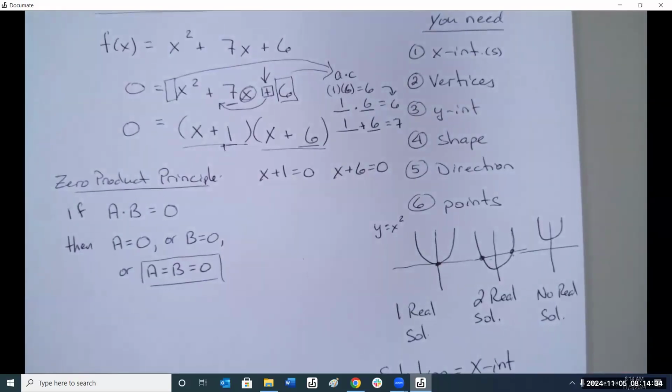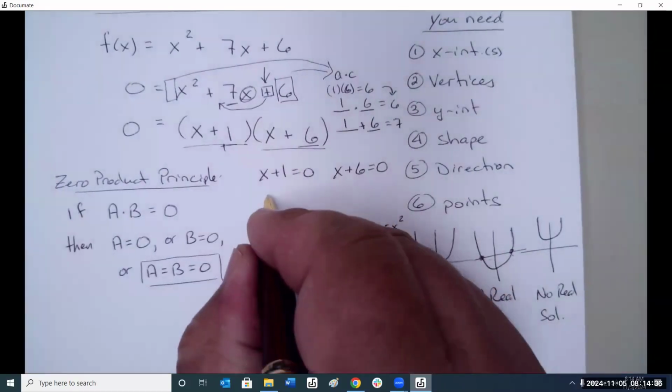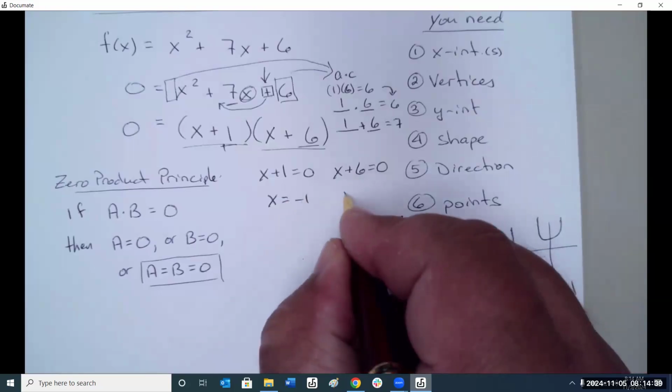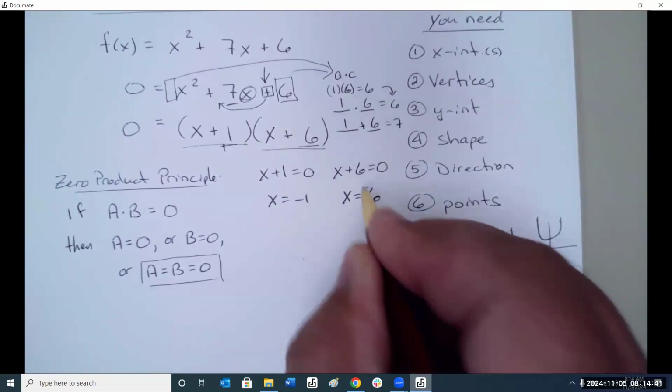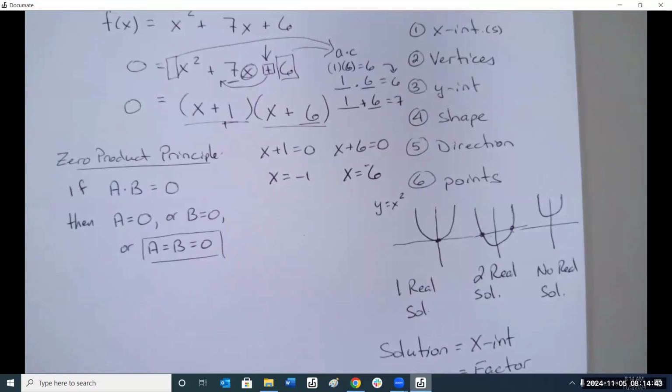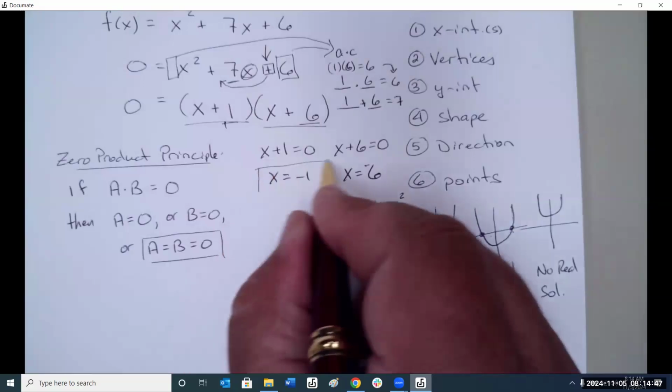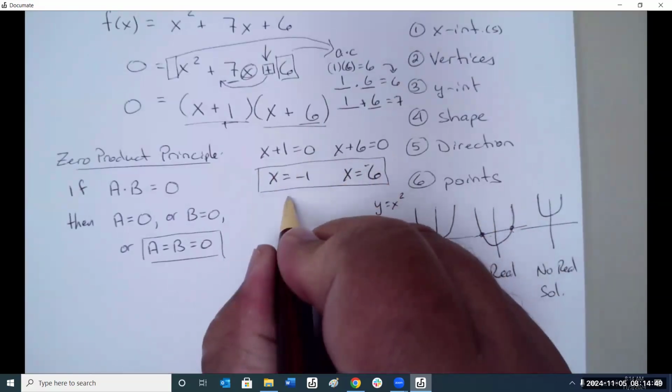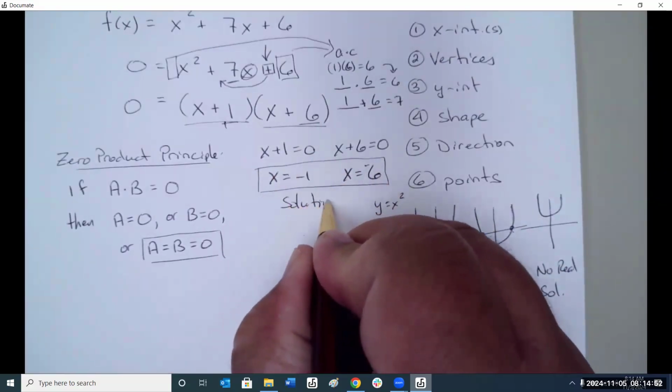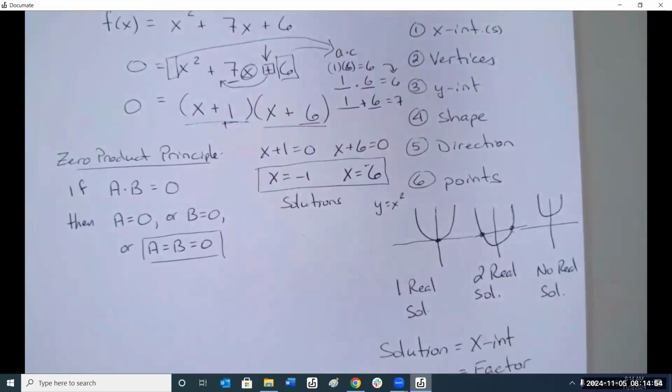Those are the x-intercepts. So in this case, it's going to be -1 and -6. Those are my solutions. Because they're my solutions, they're also where the line crosses the x-axis.